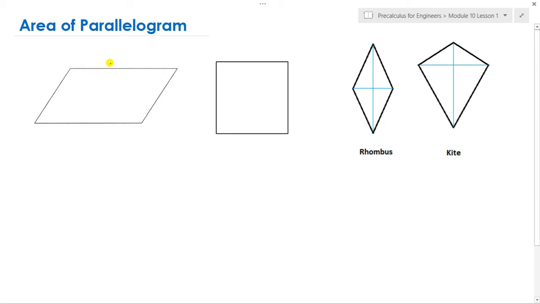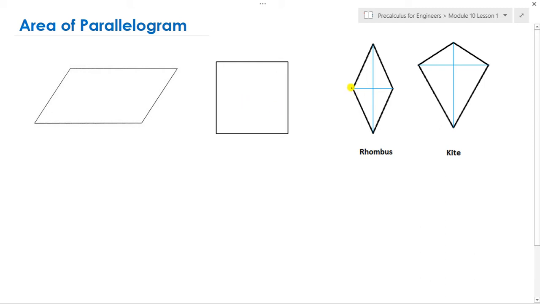The general term for this is parallelogram. It is still a parallelogram since it can be verified by its basic definition, that is, two opposite sides are parallel to each other. And here in the square, as you notice, all sides are equal but the opposite sides are also parallel to each other. So this is a parallelogram.